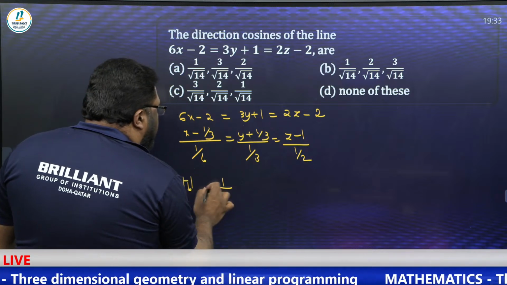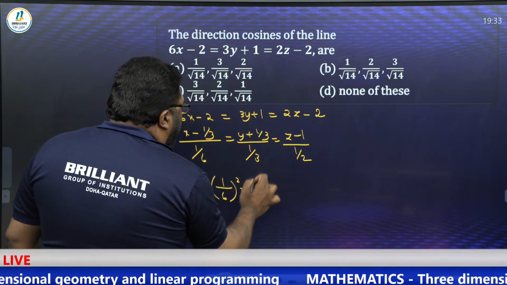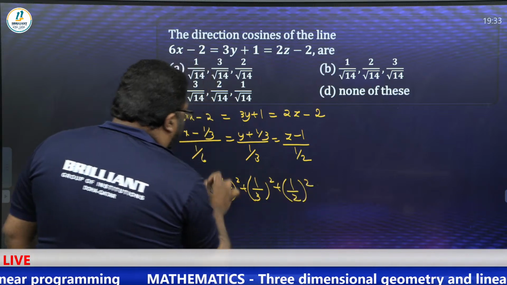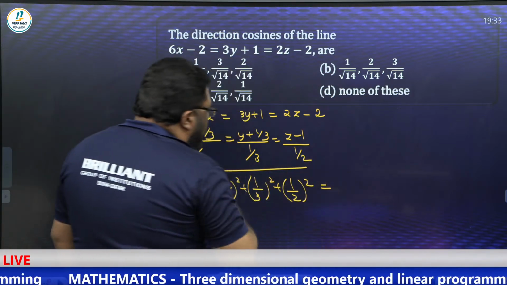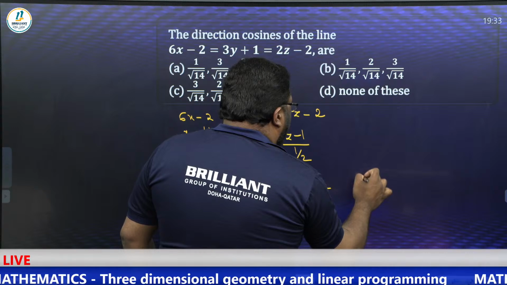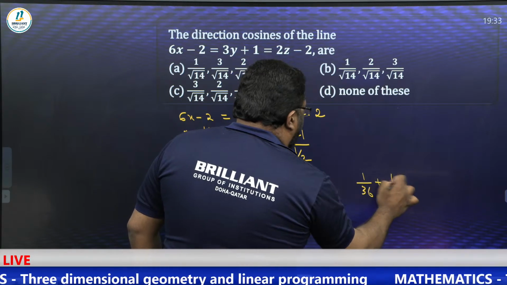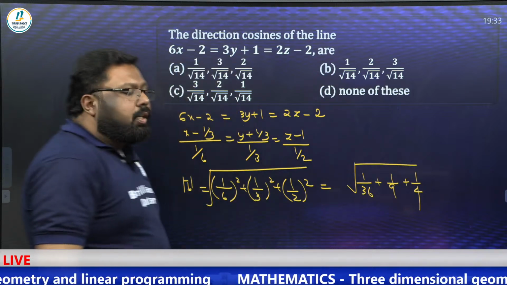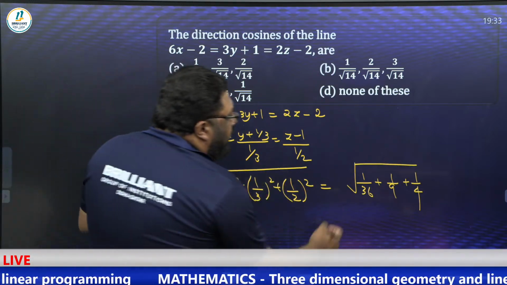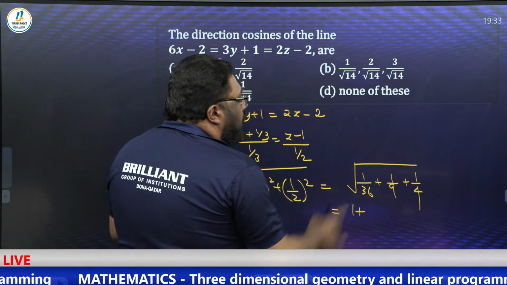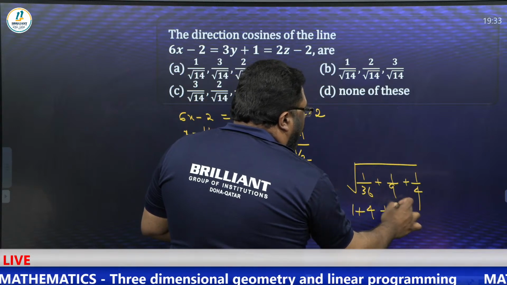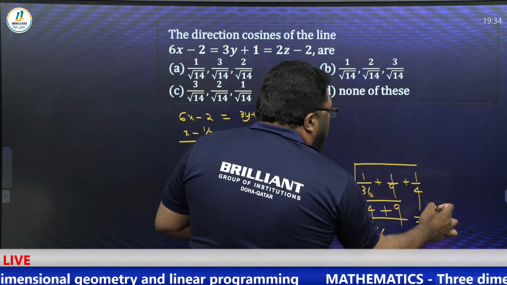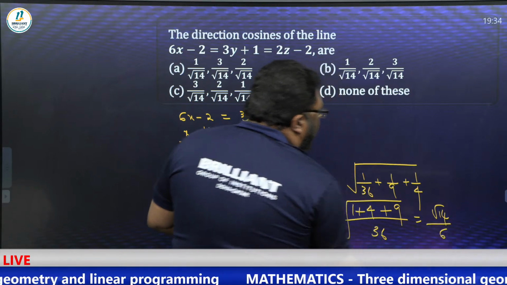What's the magnitude of this? Root of (1 by 6) squared plus (1 by 3) squared plus (1 by 2) squared. So 1 by 36 plus 1 by 9 plus 1 by 4. LCM 36. So (1 plus 4 plus 9) by 36, so it is root 14. So root 14 by 6 is your magnitude.